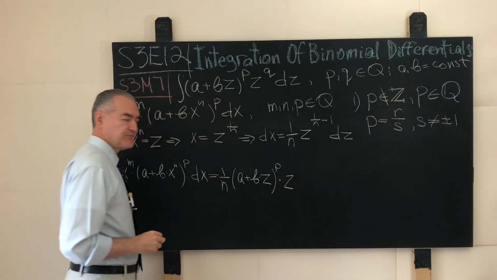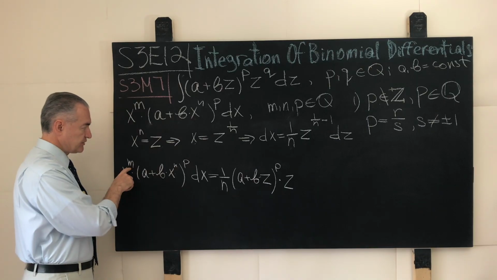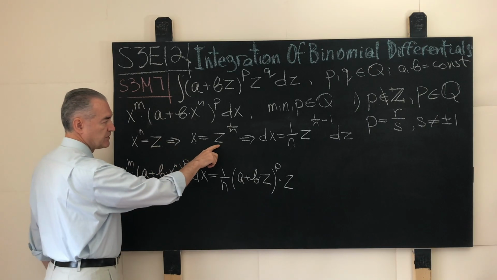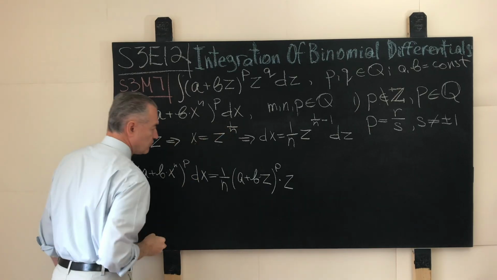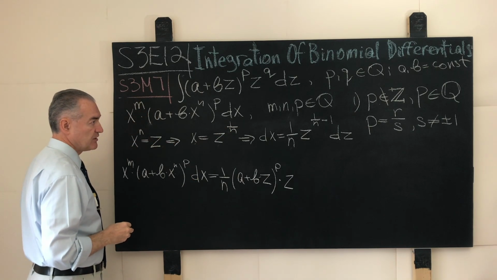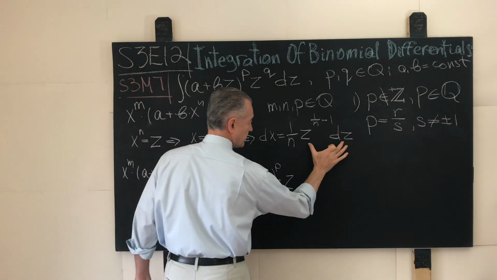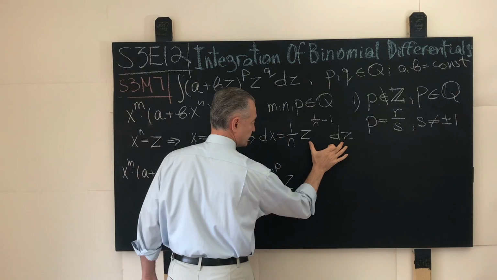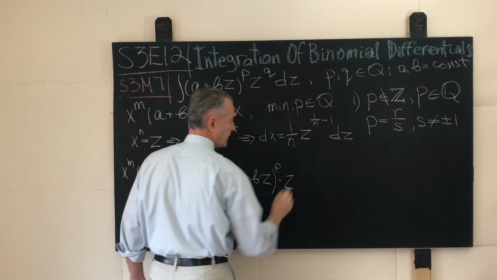Now let us carefully calculate what is going on over here. X raised to the power of m will be z raised to the power of m over n. We have that much, and then we need to multiply all this by the remainder of the first differential dx. Here we will have 1 over n.